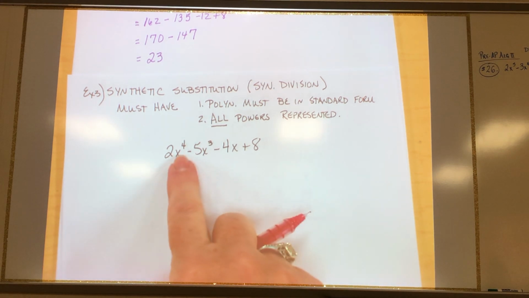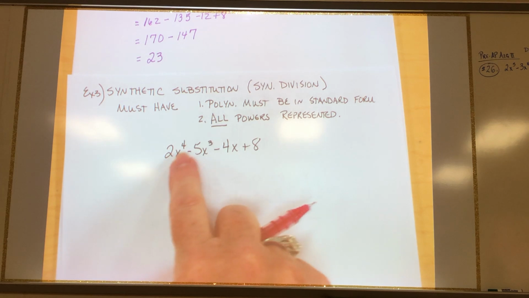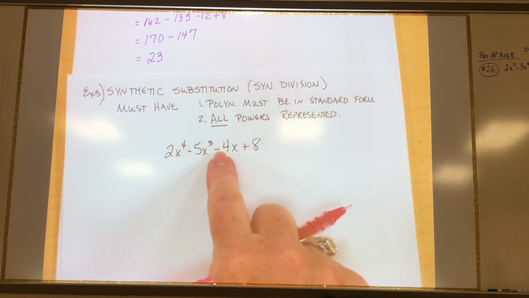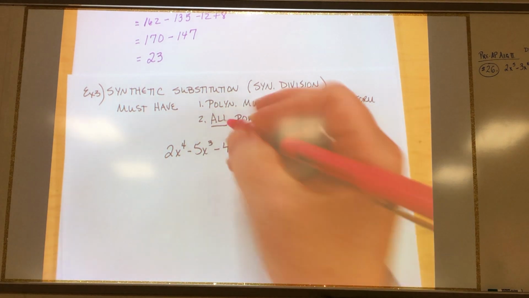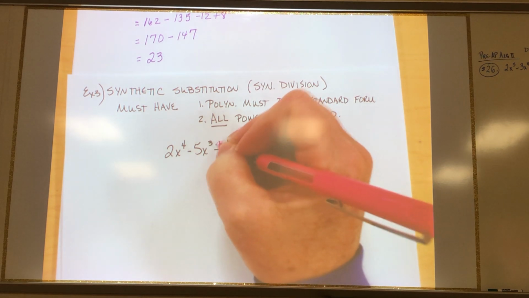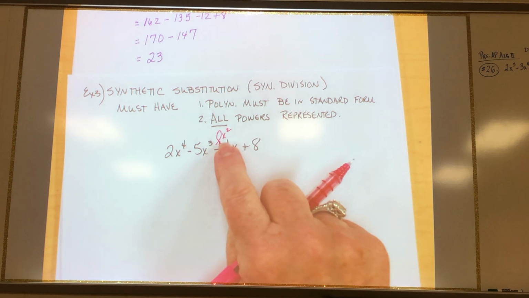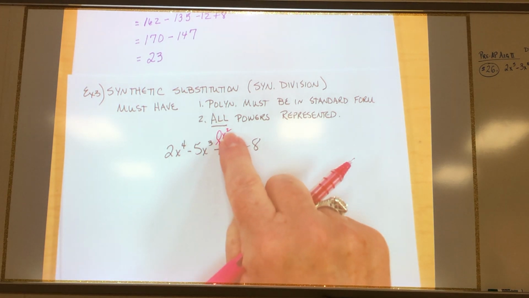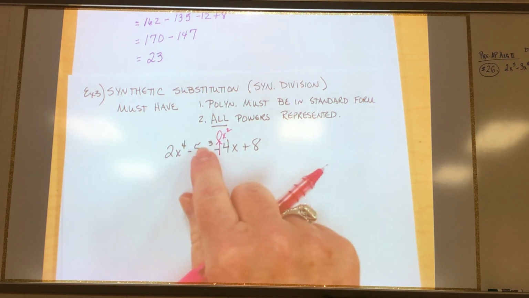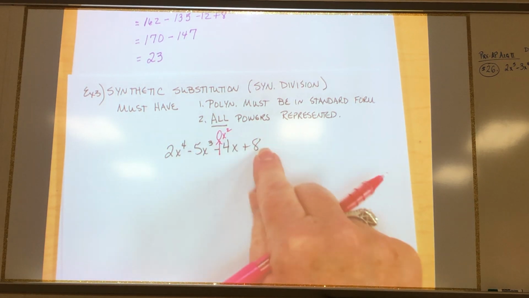So I just start at the highest exponent and I count down. 4, 3, 2. He's not there. So what do we have to put in his place? A 0. Yeah, so right here, there is really a 0x squared. I don't usually write the x squared because I don't really care about him, but I do make sure I put a 0 right there, okay? So I'm just going 4, 3, 2, 1, 0.